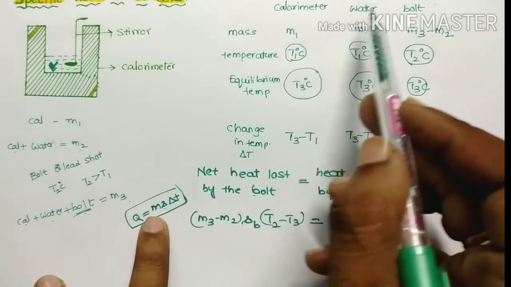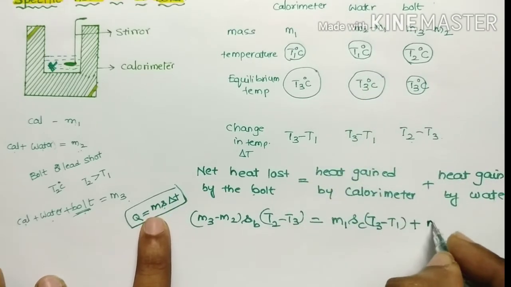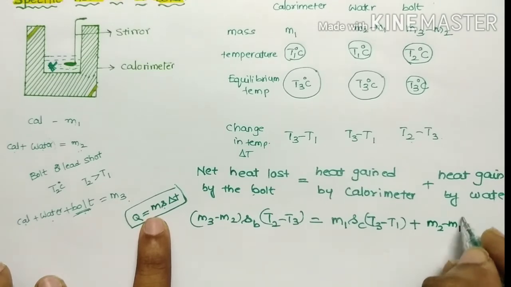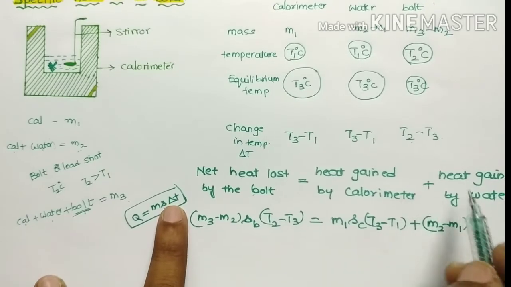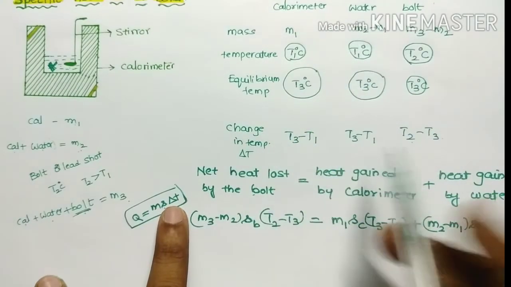Mass of the water is M2 minus M1, into SW, the specific heat of water, and the change in temperature of the water is T3 minus T1.